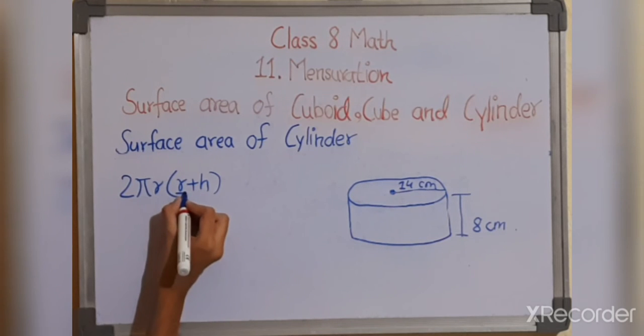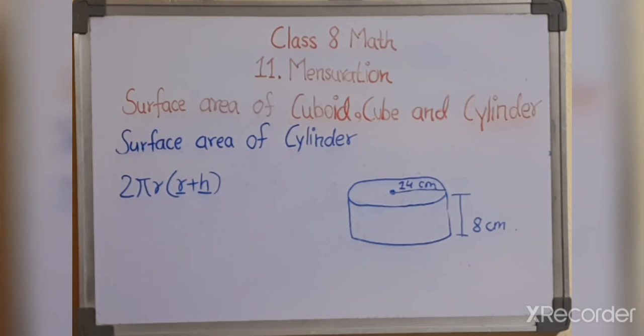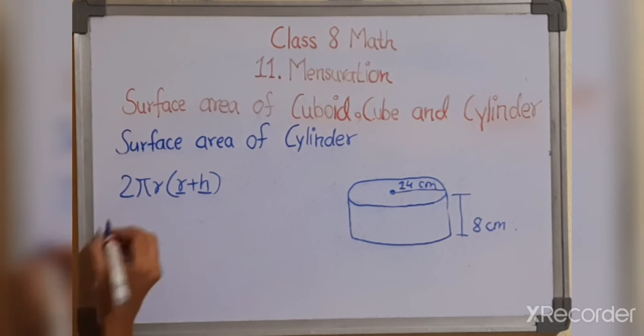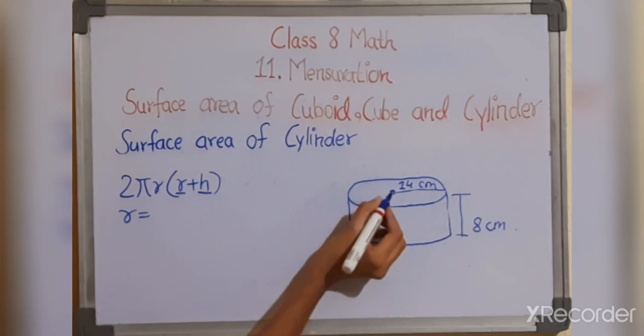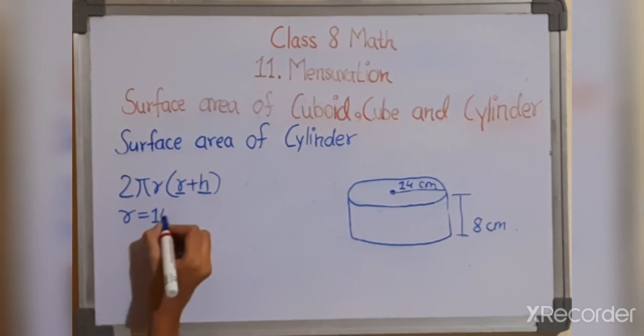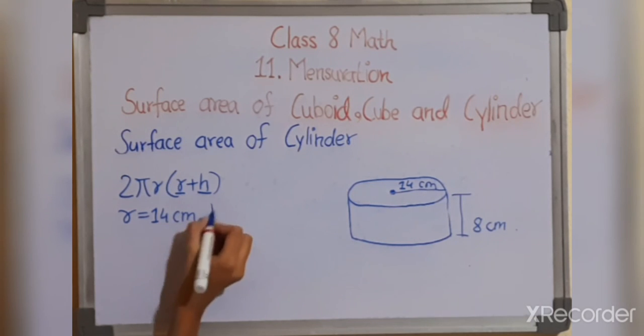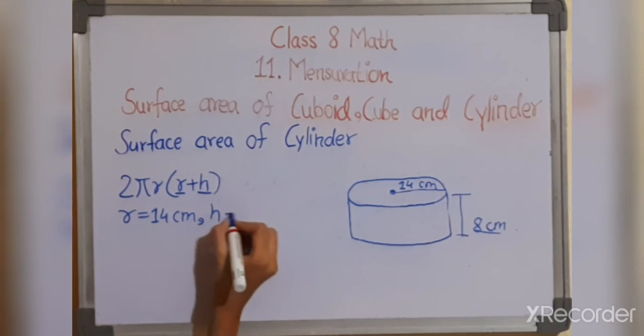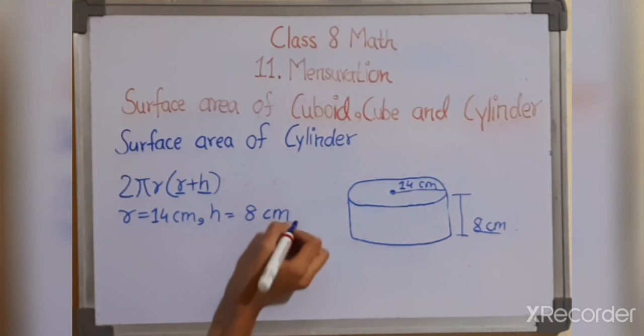Here r stands for radius, h for height. So here radius is 14 centimeter and the height is 8 centimeter.